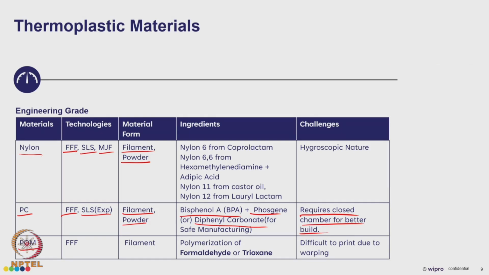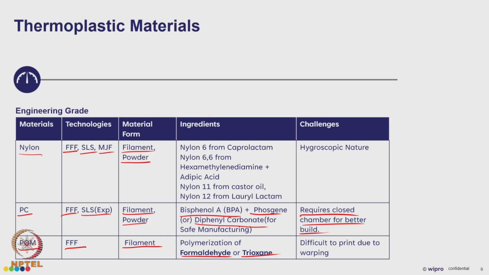And the next material we have here is polyoxymethylene, which is used in FFF technology, and the material form is filament, and we have the ingredient as formaldehyde or trioxane, through which the polymerization takes place to get the final product.